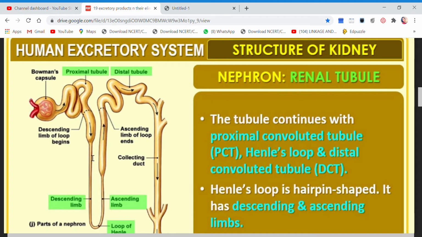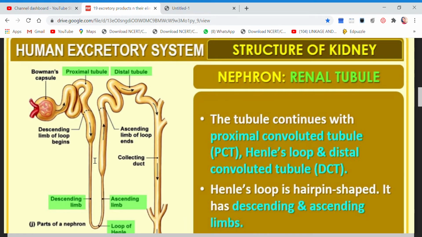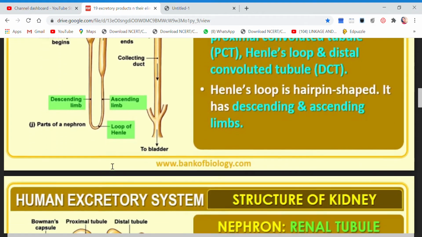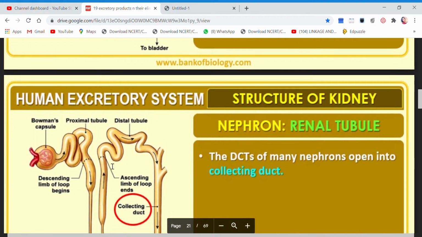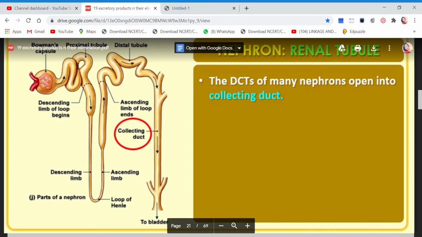So both of them combine together to be known as Henle's loop. It has two limbs, one is descending, the other one is ascending.